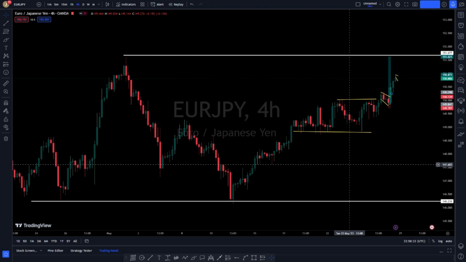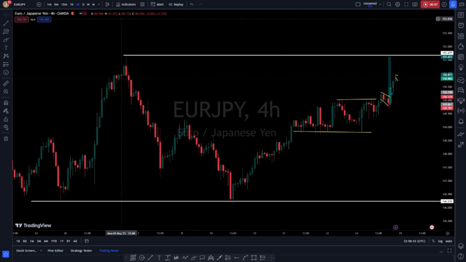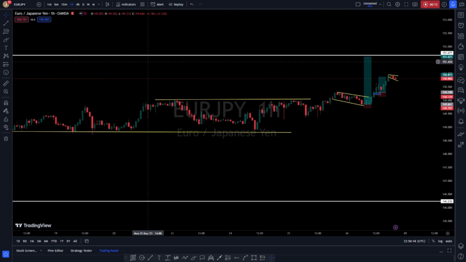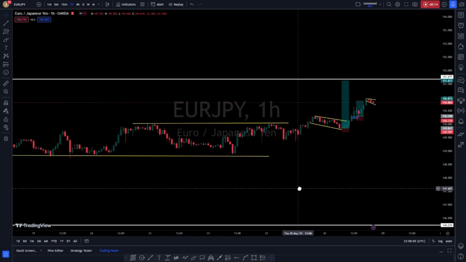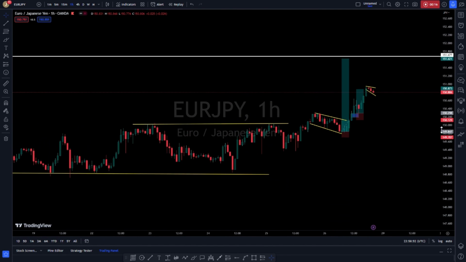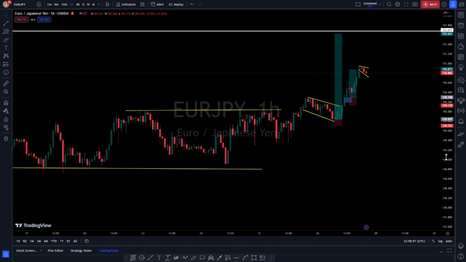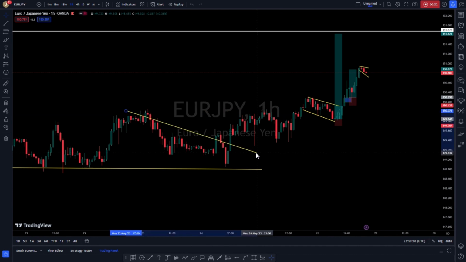So what would actually be my ideal entry on EURJPY? Let's dive into the lower time frame, since I've established that this pair is still having a bullish movement. As you can see, the recurrent pattern.